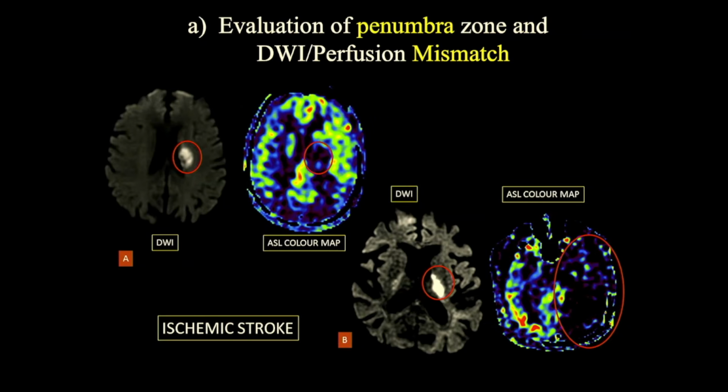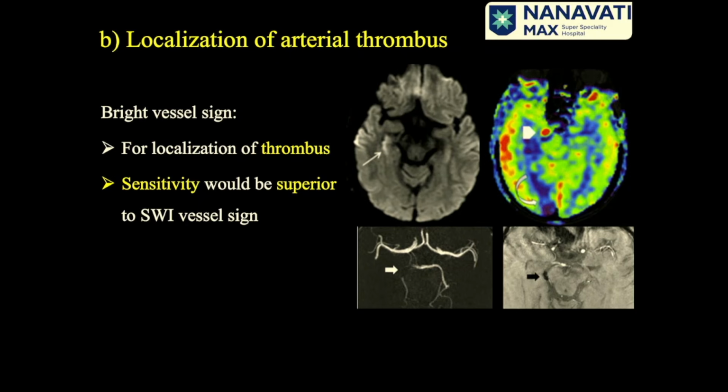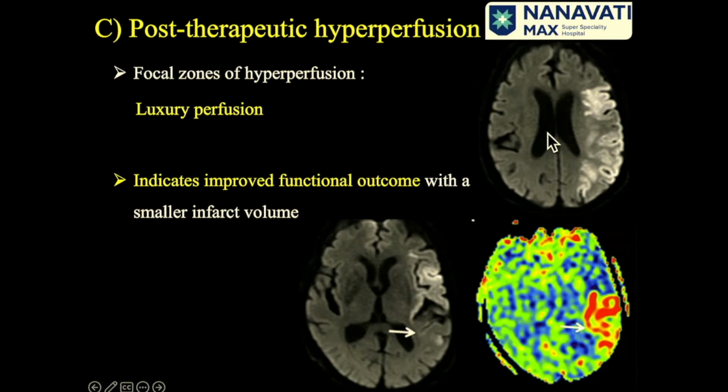ASL we know is very, very useful in evaluating the penumbra zone and looking at diffusion-perfusion mismatch very accurately without having to inject contrast. It can also look at the thrombus very well. Here is a hyperacute thrombus in right MCA or terminal ICA.